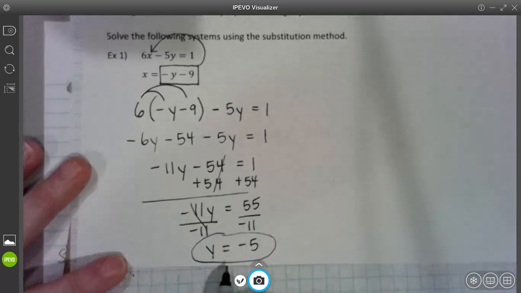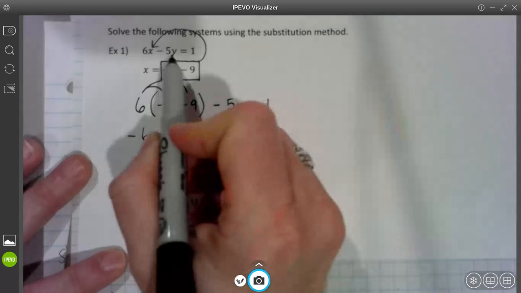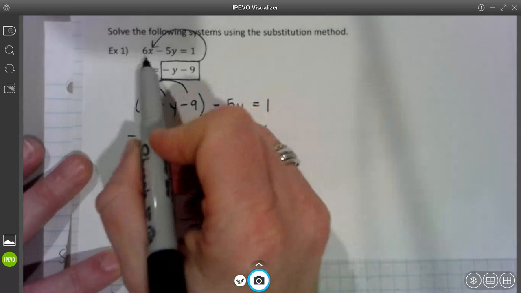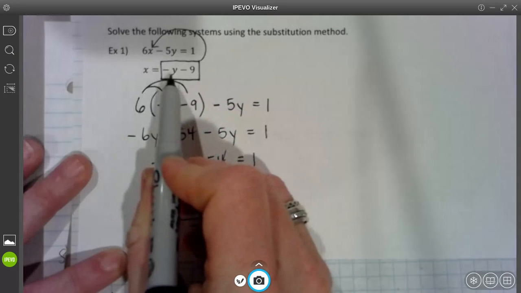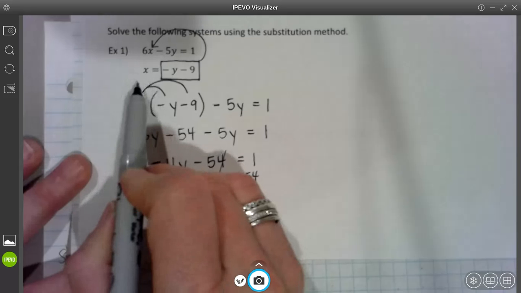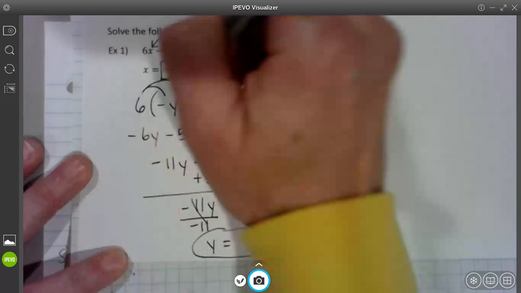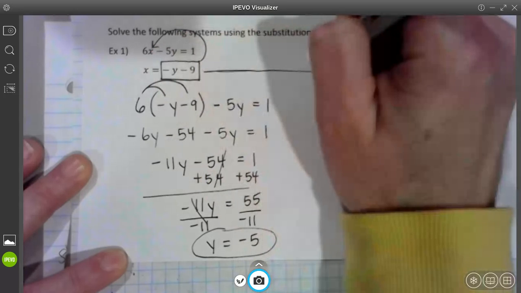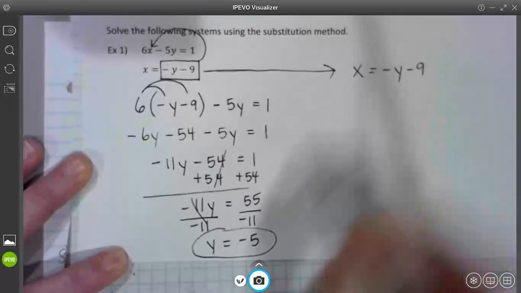So now what you do is you take the number that you got for y and you either plug it in for y into the first equation and solve for x, or you plug it in for y into the second equation and you solve for x. And guys, the second equation is much easier to plug into. It's already solved for x. So I'm going to take this equation and plug in what I just found out y is equal to.